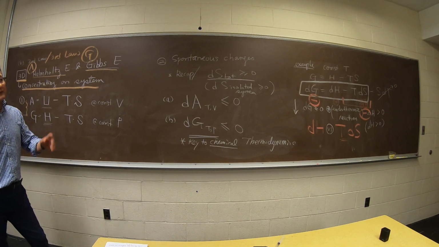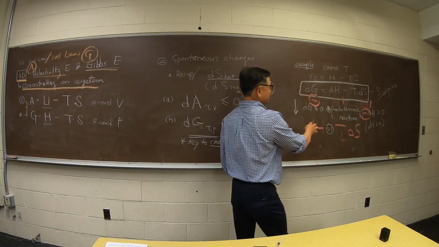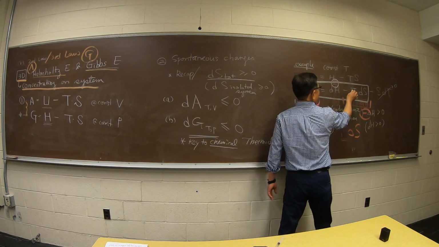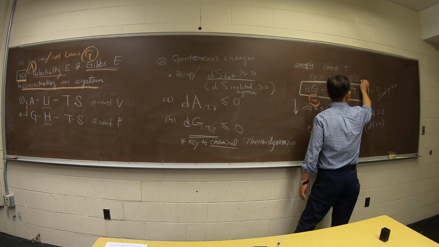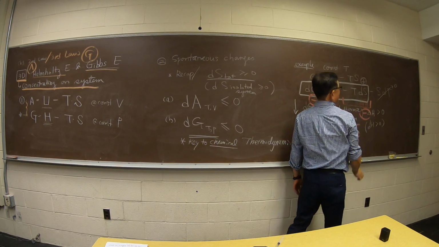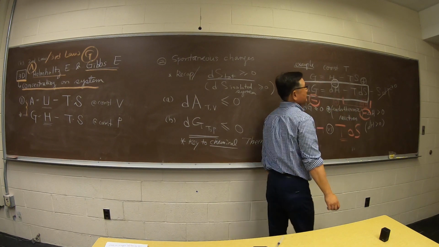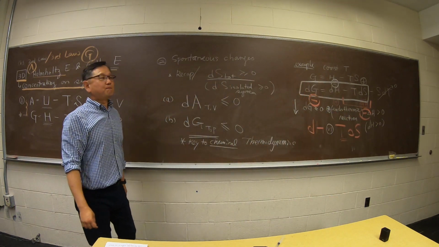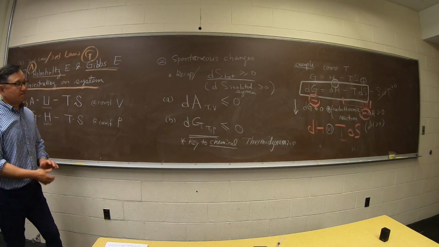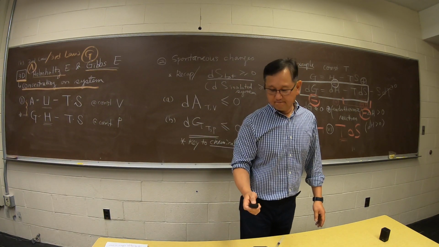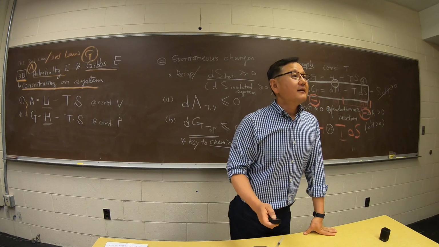Okay? Exothermic is much easier. Right? This is already there. Exothermic, that's good. It's just a matter of this being already negative. If it is a favorable reaction, then that's going to happen no matter what. Good.